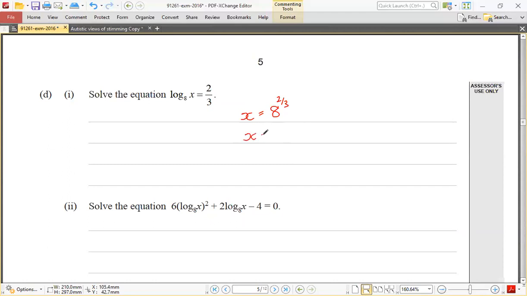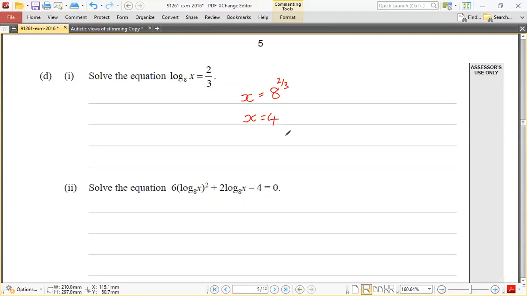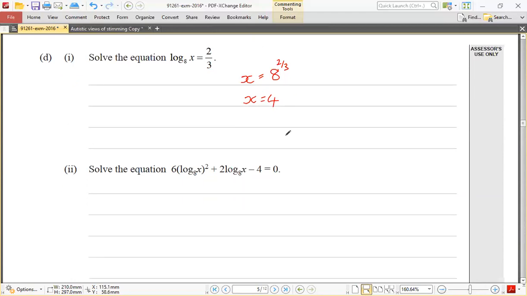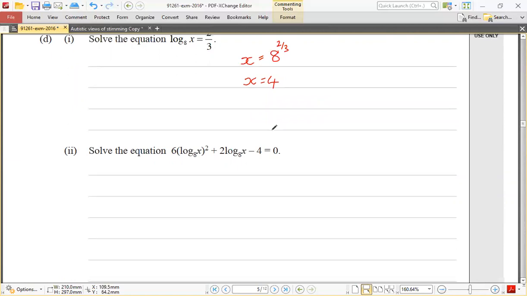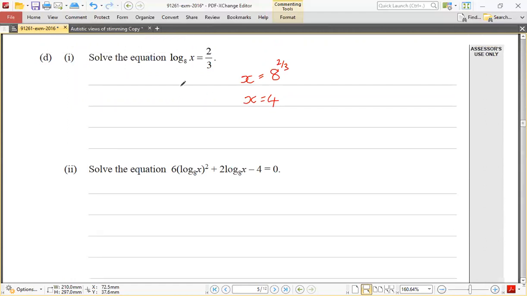So x equals 4. Yeah, because you have to take the base and put it in front of it. So that's the base to the power of that equals x.